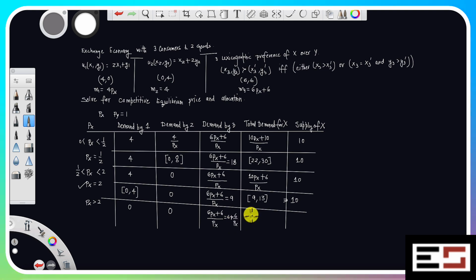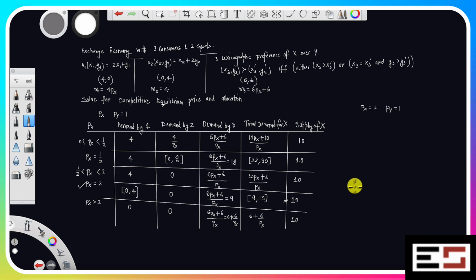When px is greater than 2, this is less than 9, so the term 6 by px will be less than 3 and the aggregate demand will be less than 9, and the supply is 10 units. Supply of x is 10 units, so there is excess supply of x at any price greater than 2, so px greater than 2 cannot be market clearing. So we only have one competitive equilibrium price, which is px equal to 2. So px equal to 2, py equal to 1 is a competitive equilibrium price.